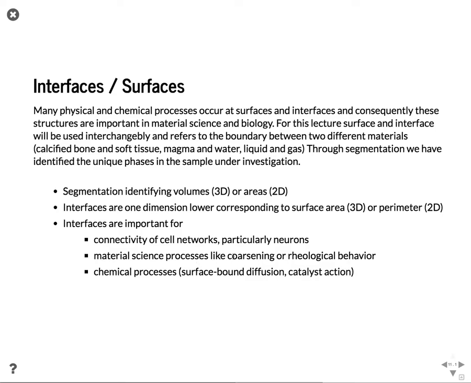So they're particularly important for connectivity, particularly neurons, in material science for coarsening or rheological behavior, and for chemical processes. So surface bound diffusion and catalyst action are both very strongly driven by surfaces.